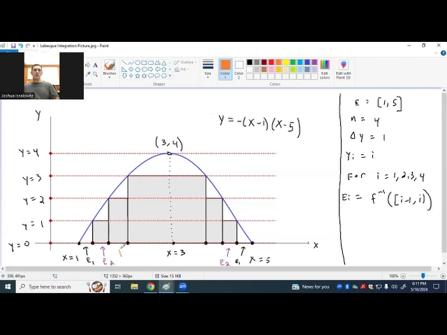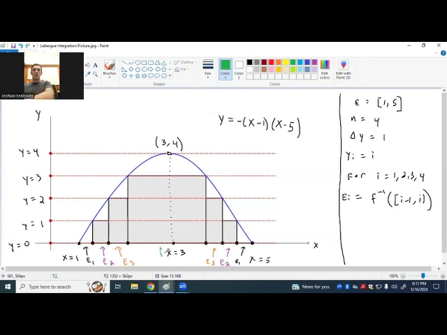So this is E3. And this whole thing here is E4. Between here and here, my graph is between 3 and 4.